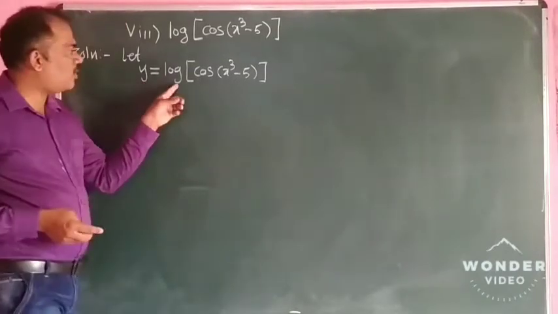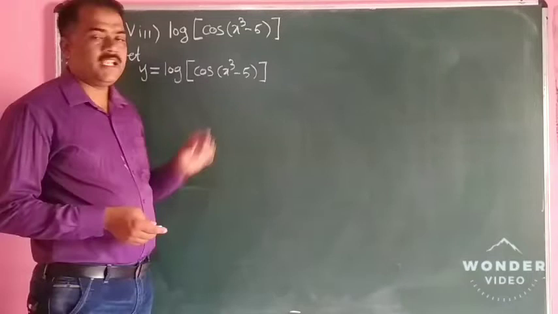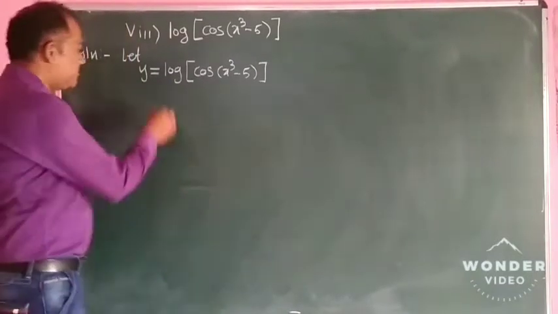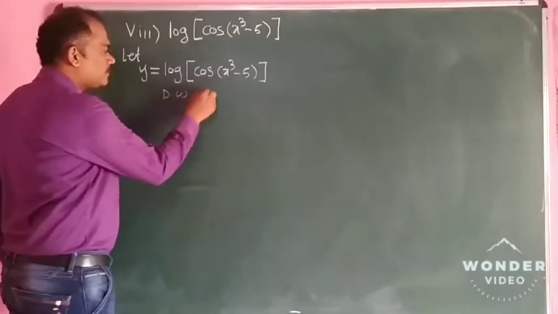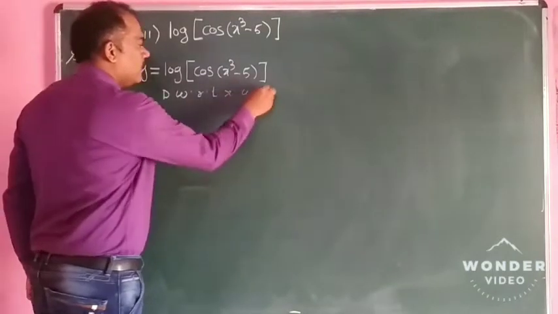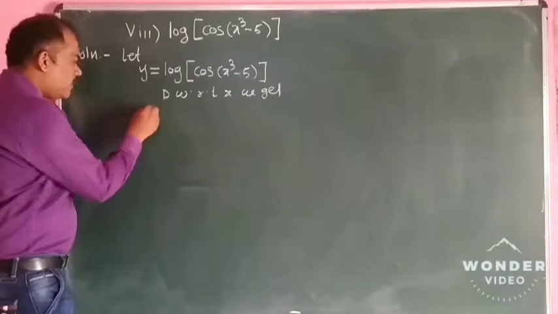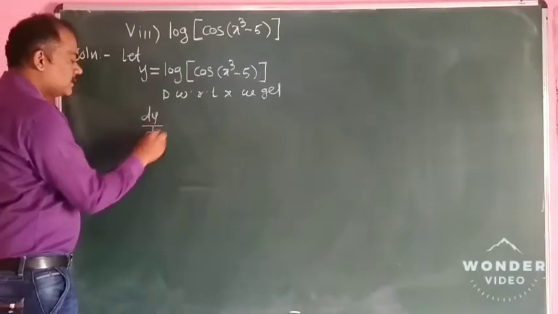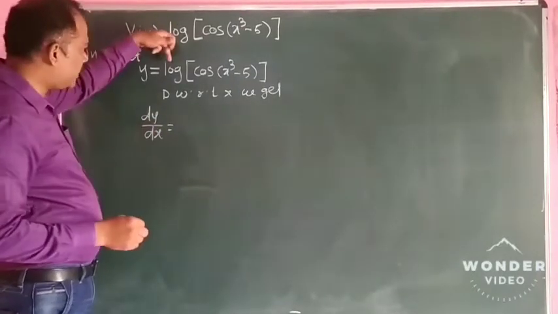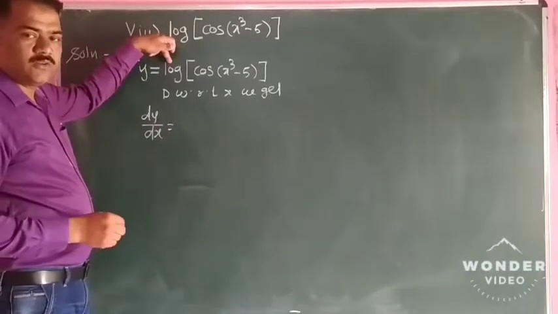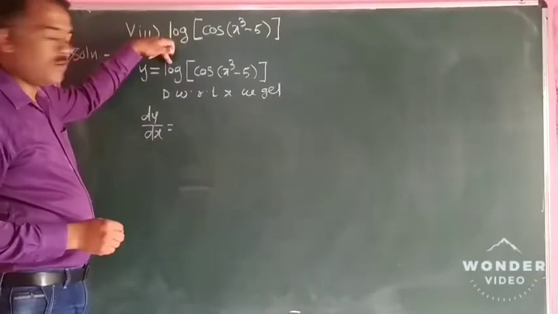Let y is equal to log of cos of x cube minus 5. Differentiate with respect to x, we get dy by dx is equal to... Now first we have to keep the finger on this log. We know that the derivative of log x is 1 upon x.